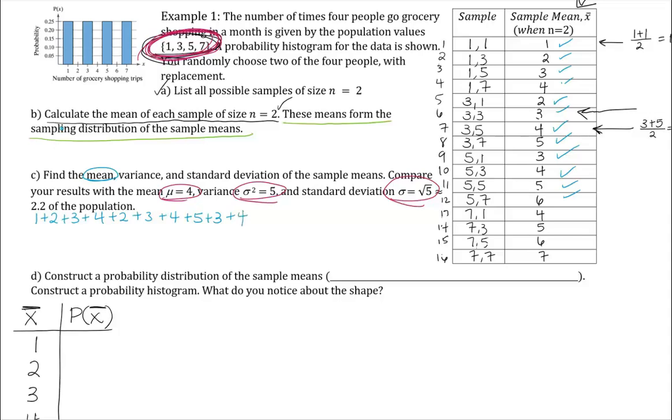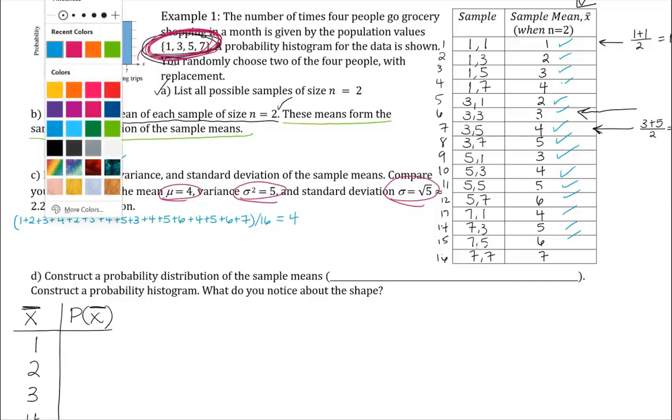So I'll add 4, I'll add 5, I'll add 6, and I'll add 4, 5, 6 again, and then I'll add 7. And to find the average, I would need to divide that by 16. And when we do that, listen carefully to this, we see that the mean, or the average, of those means is 4. So we have found the mean of the sample means.